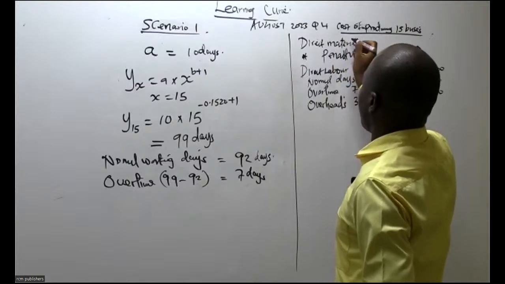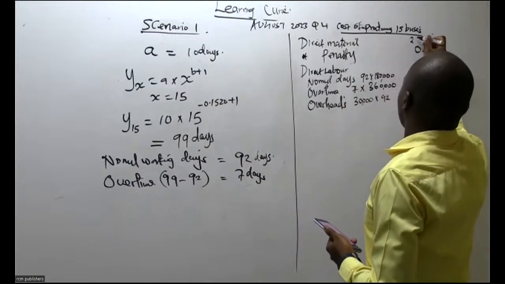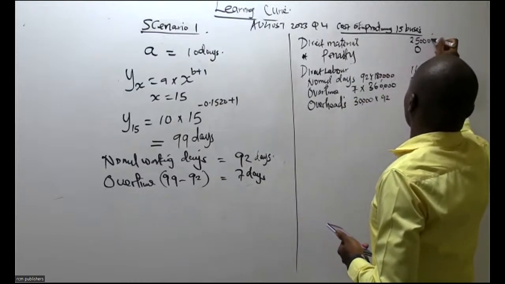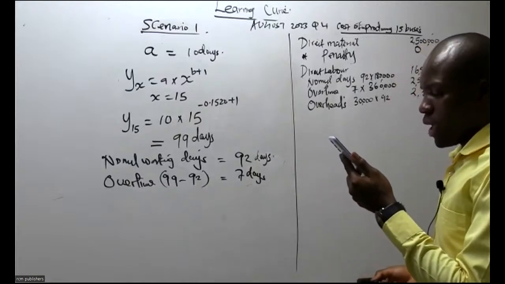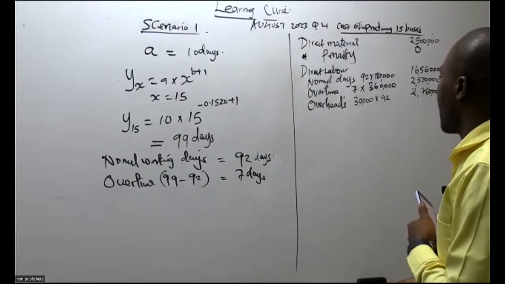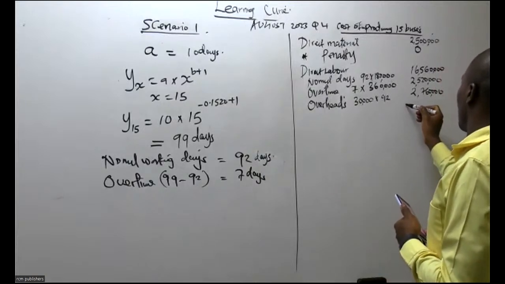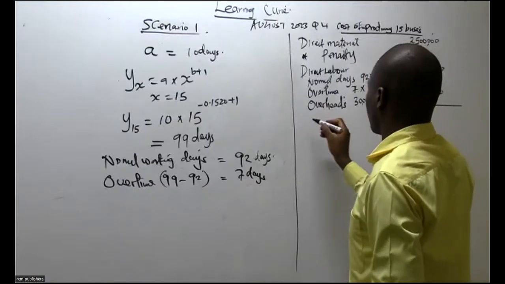You can put it anywhere, even up there or down here, you'll still have your answer. 2,500,000. Do we have any other cost incurred? There is none. So give us the total cost under scenario 1.